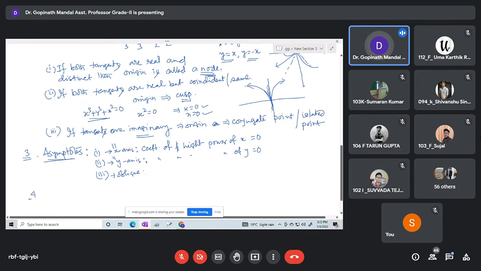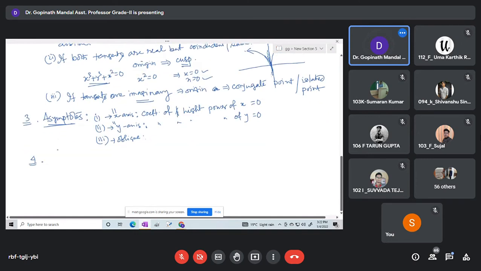Then the fourth point is intersection points with the coordinate axes, x-axis and y-axis, and asymptote.